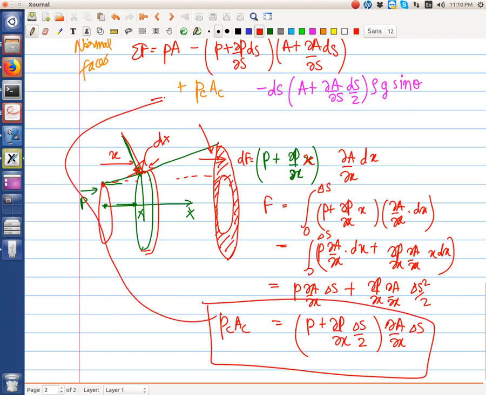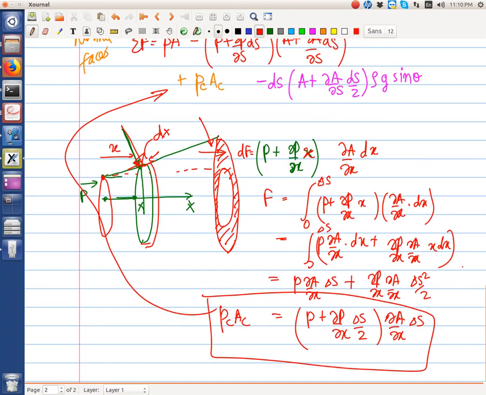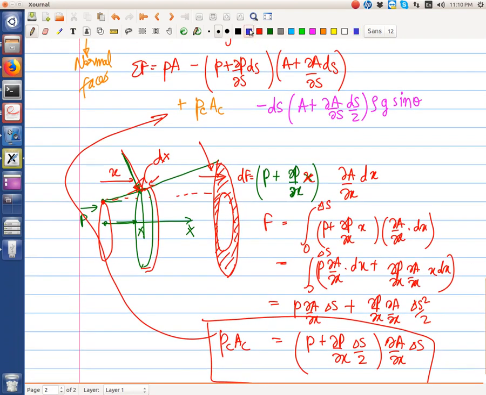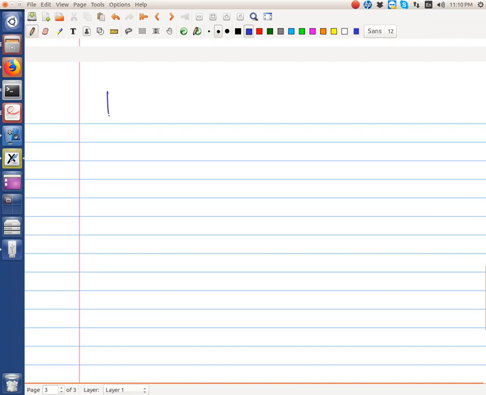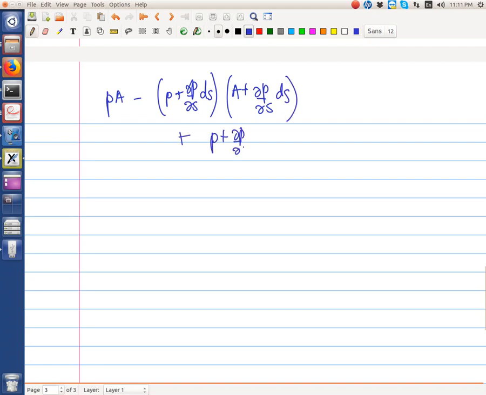Substitute this in this equation. Okay, so summation f is then PA minus P plus del P del S ds times A plus del A del S ds, plus P plus del P del S ds by 2 times del A del S ds.